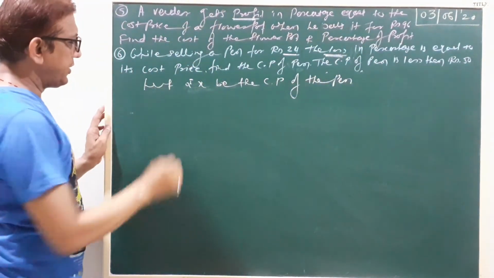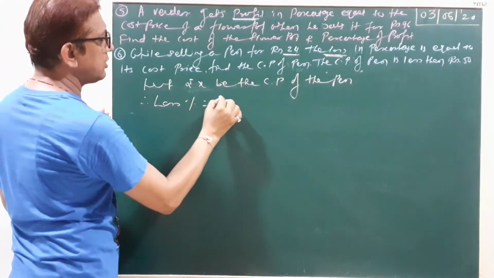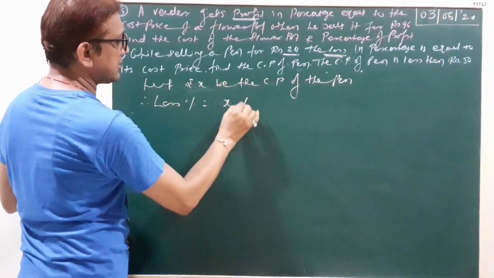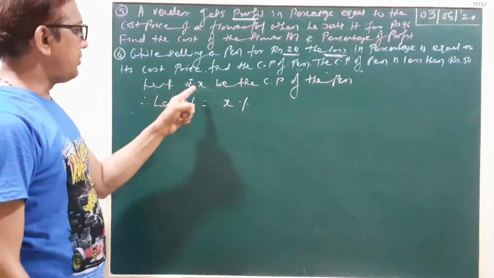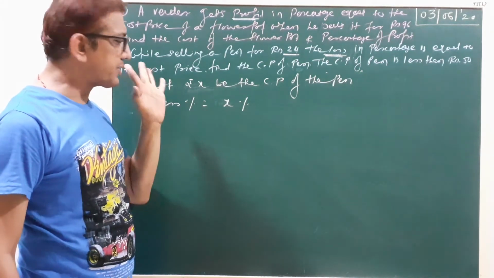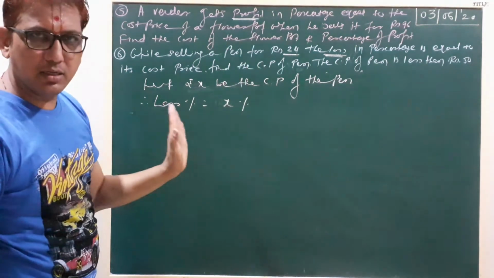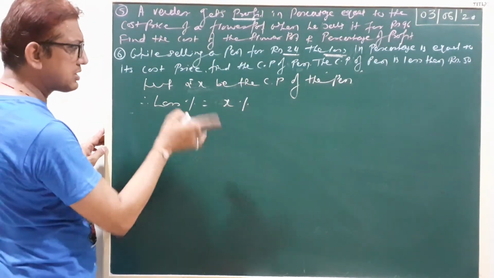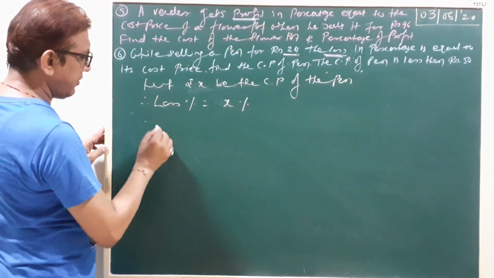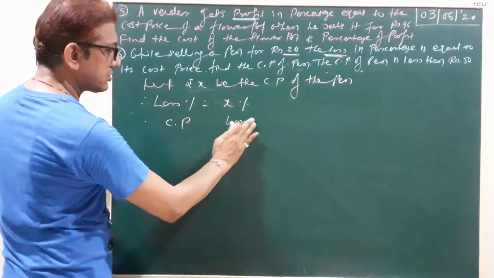Okay. Therefore, loss percentage equal to x percent. Is that clear? If your CP is x, so loss percentage is x. If your CP is y, loss percentage is y. Now convert this unit, percentage to rupees, similar to the above question. Here CP and here loss.